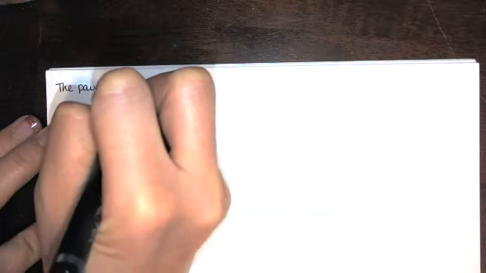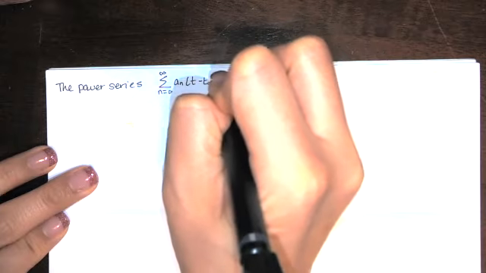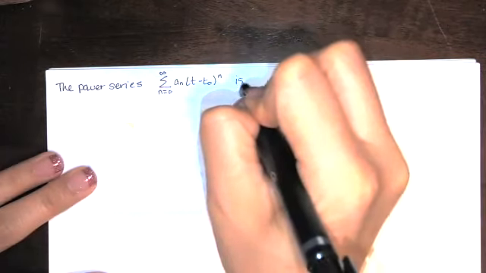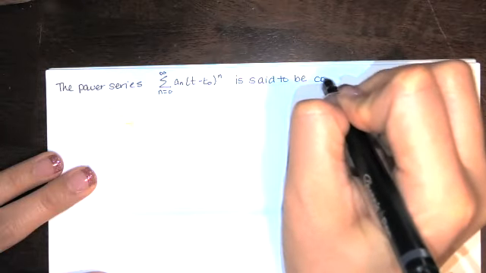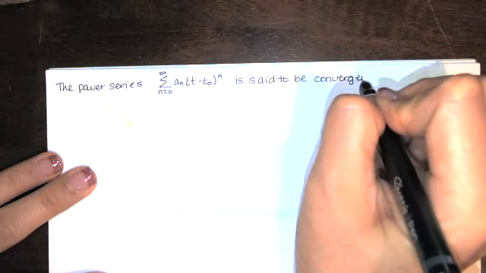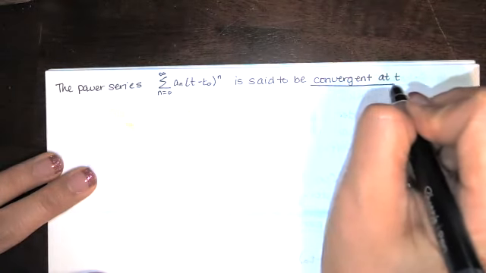We'll say that the power series that we just referred to, that sum as n goes from 0 to infinity of a sub n times t minus t naught to the n is said to be convergent at a particular value of t if the following is true.